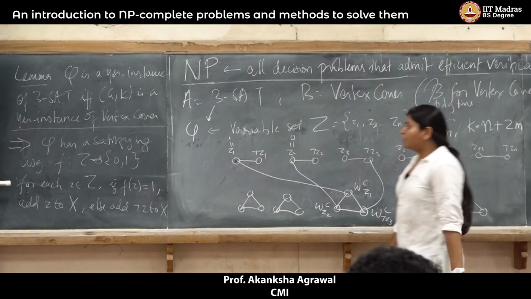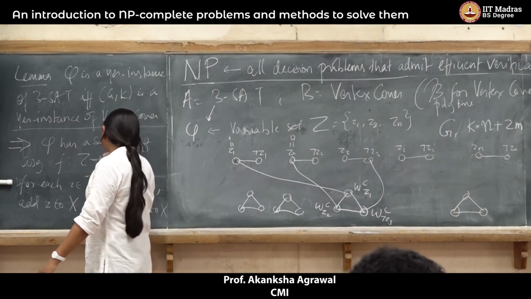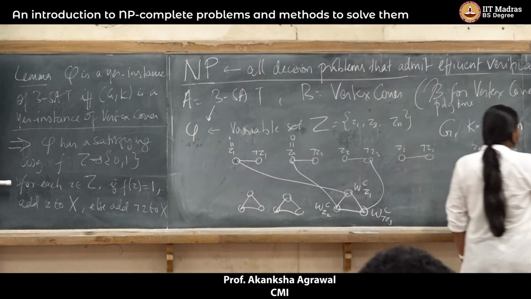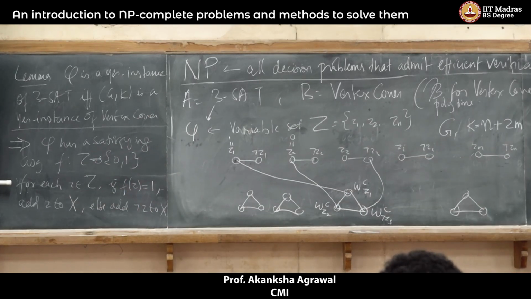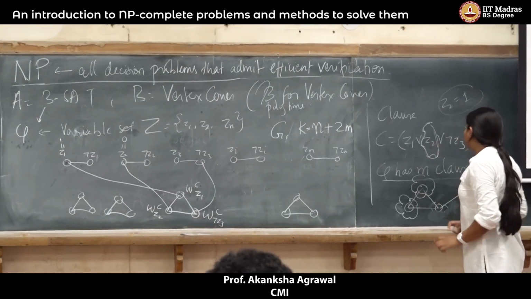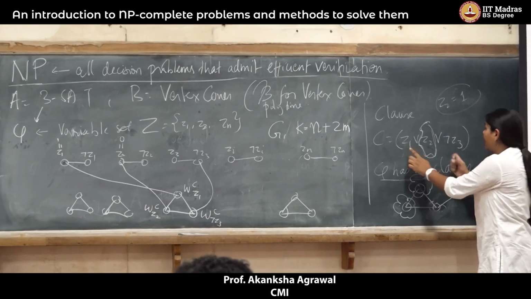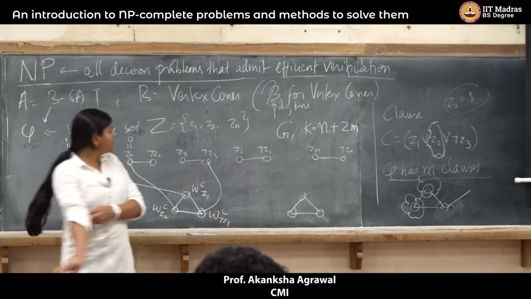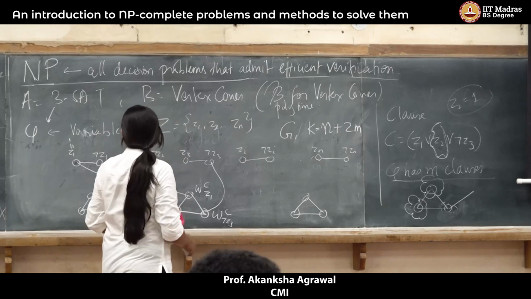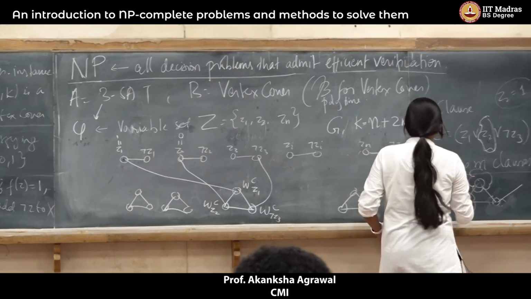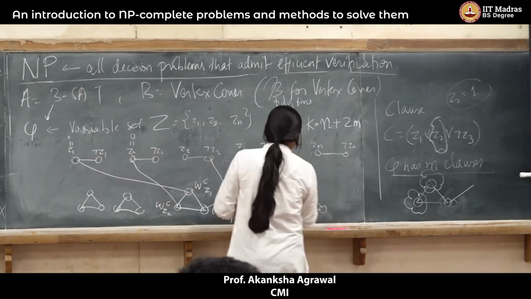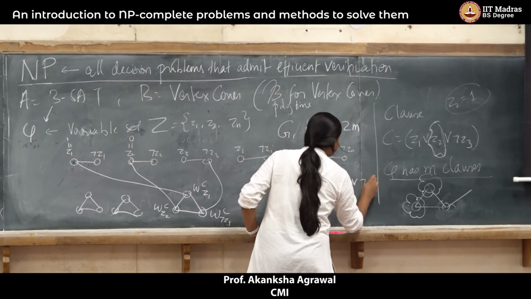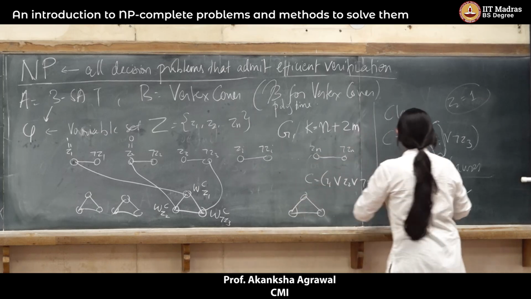Now since phi is in fact satisfied by this assignment, we know that for every clause there exists a literal which is set to true. So what I do is I choose exactly one such literal and include the other 2 endpoints in my vertex cover. So the clause C was Z1 or Z2 or not of Z3.